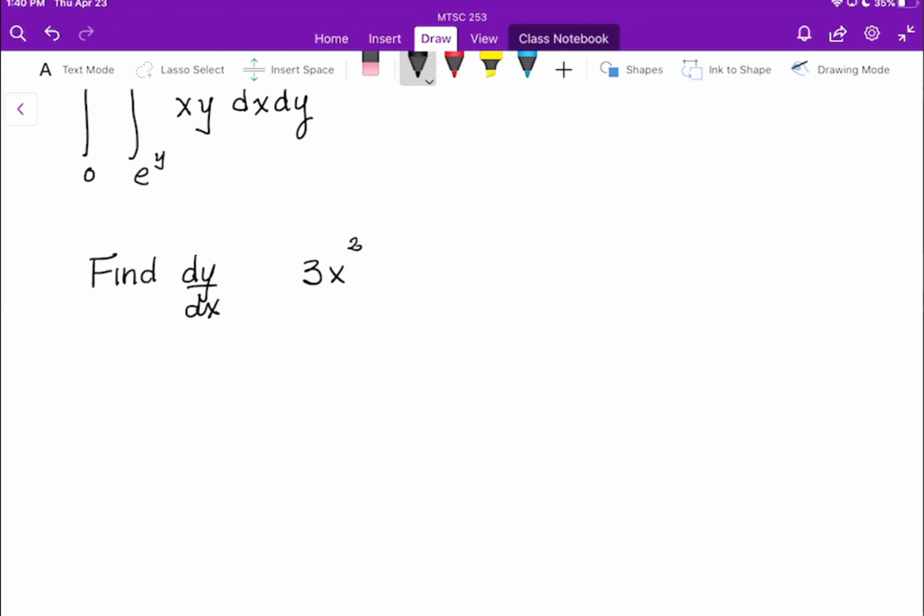I think this is f of x, y, is equal to 3x squared minus 5xy plus the tangent of xy.